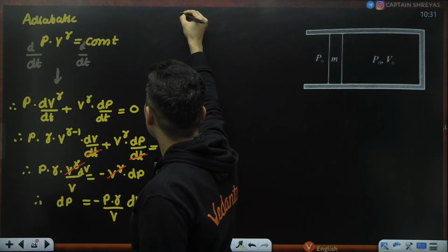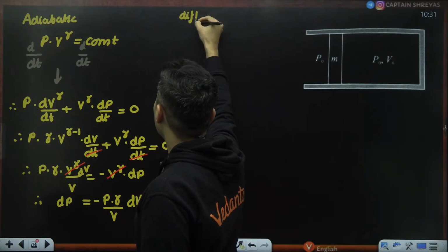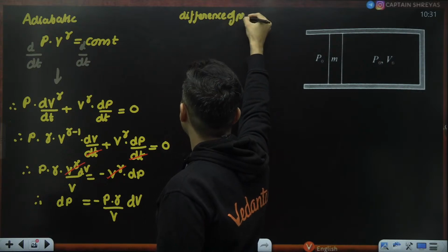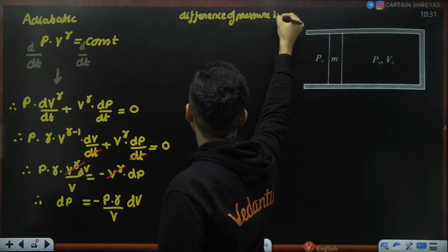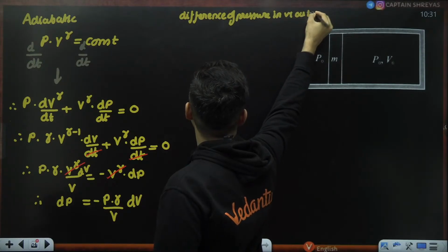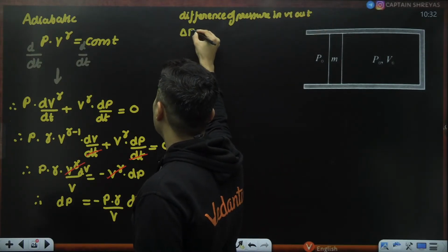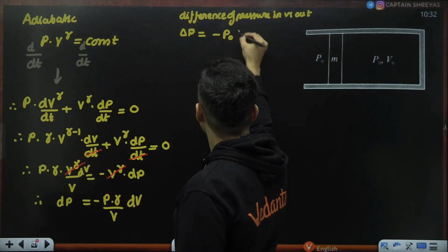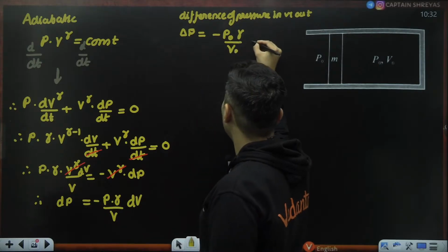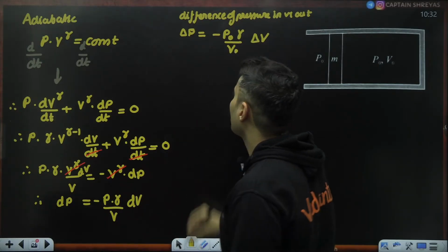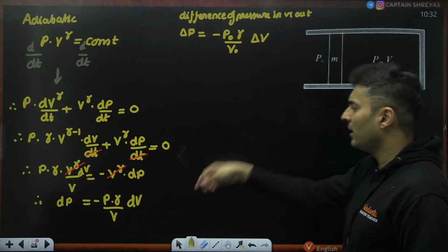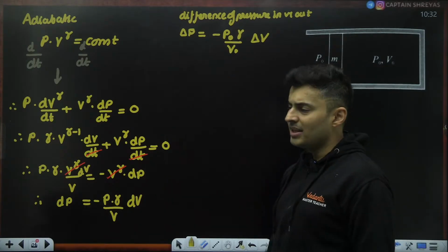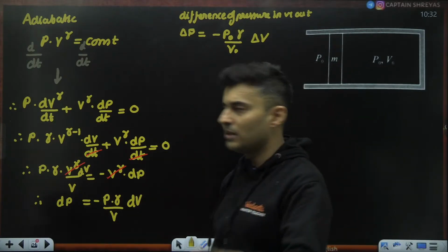Therefore, the difference of the pressure inside versus outside will be delta P, which will be negative P naught gamma divided by V naught, times delta V. P naught, V naught are the values of the pressure and volume, delta V is the change in the volume, gamma is the adiabatic ratio, delta P is the difference of the pressure.